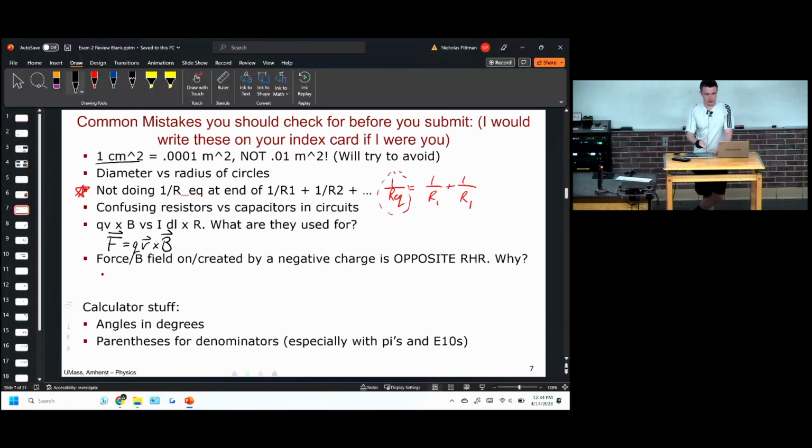That's what this formula is for. Okay, it talks about the force in response to a pre-existing magnetic field. Sorry for the small writing, I didn't leave myself enough space. Oh, that's a B arrow, B vector.